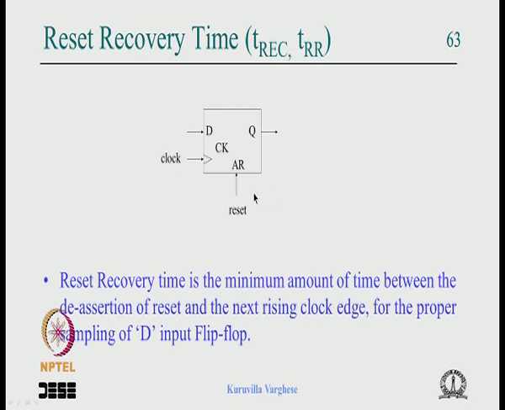You would have assumed that the behavior of an asynchronous reset in a flip flop is that you assert it, you make it active, with a delay the Q goes to 0 and you remove it, then the clock comes, everything works fine, is what we assumed, okay. But there is a factor called recovery time.